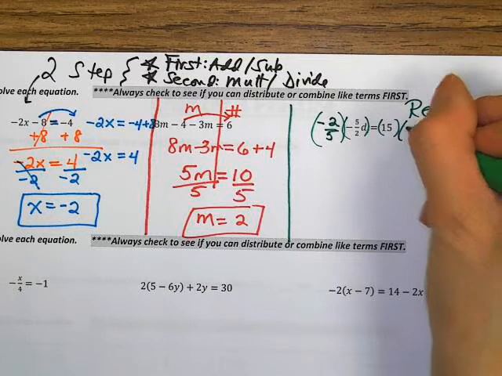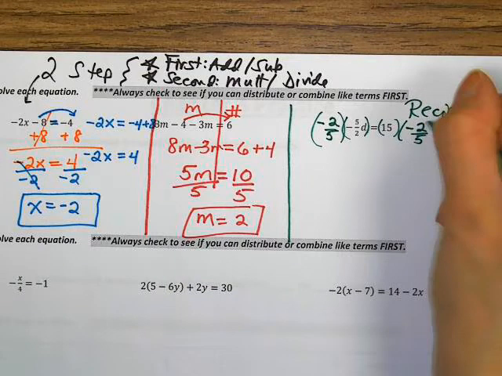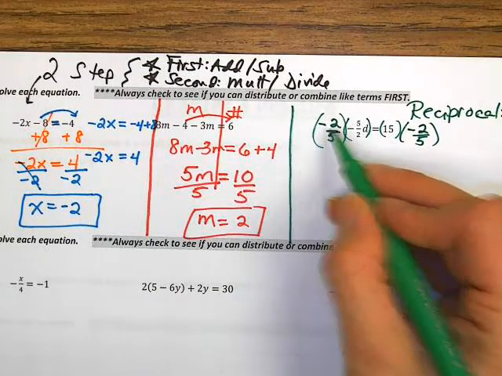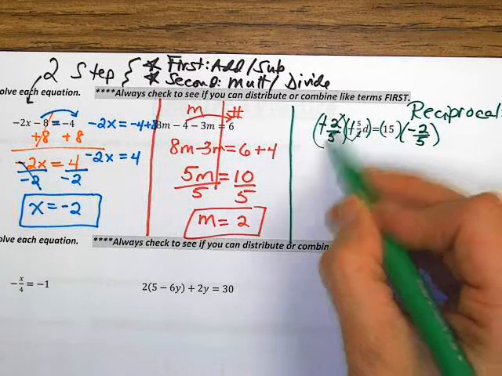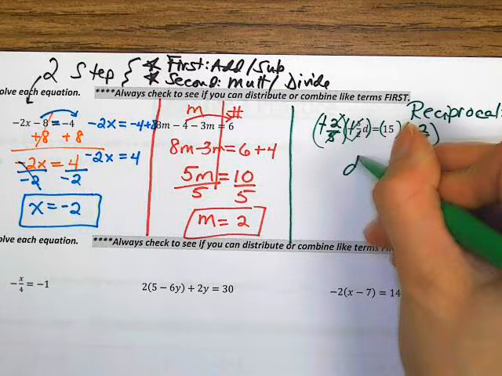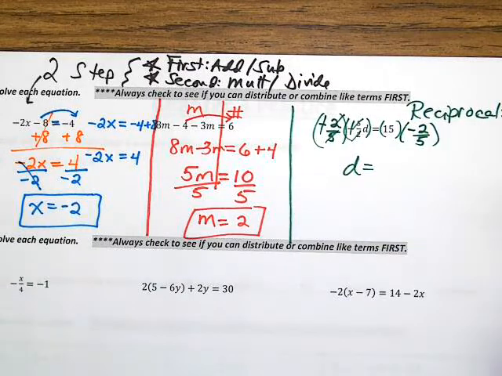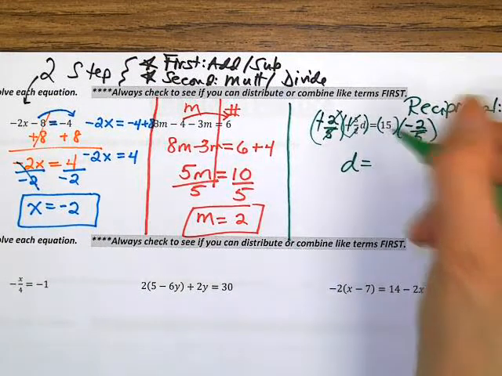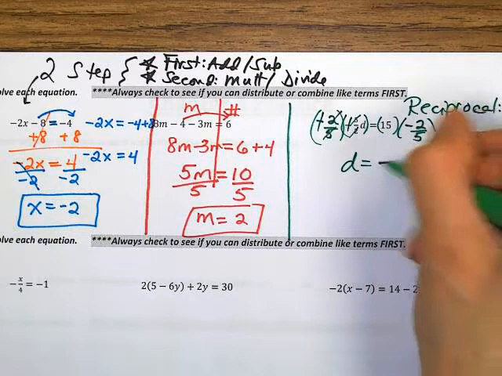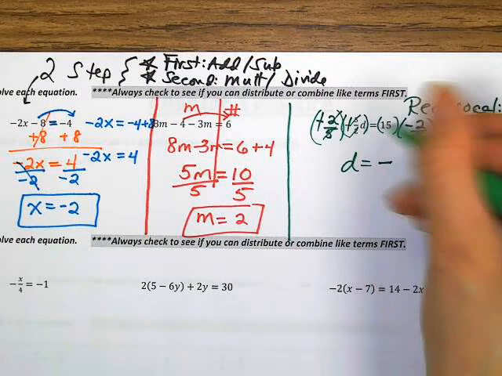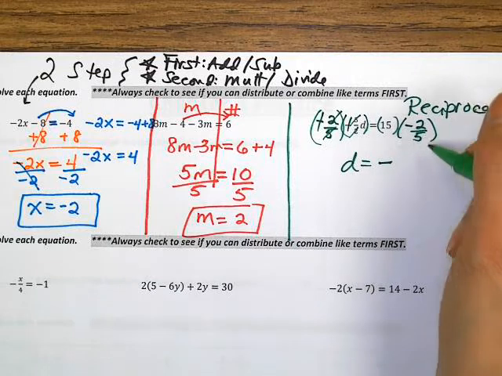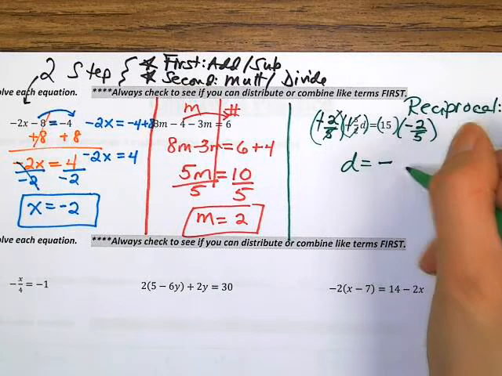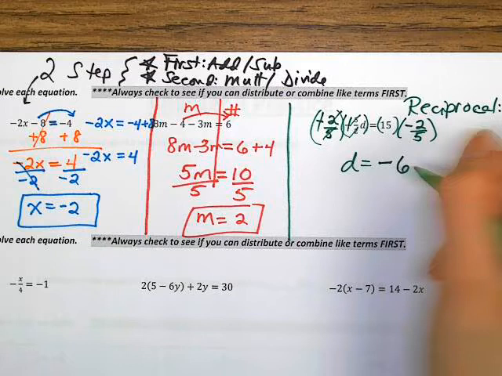Let's be fair and do it to the right hand side. Okay, so over here negative times negative makes positive. That cancels the 2 and the 2. Everything should cancel, and then all you have left is the variable. Over here a positive times a negative is negative. You can multiply and then divide or use your calculator. Any way that you want to do this, you're going to get negative 6.